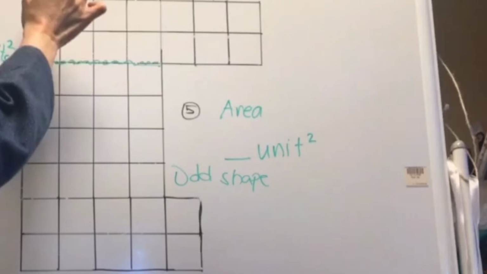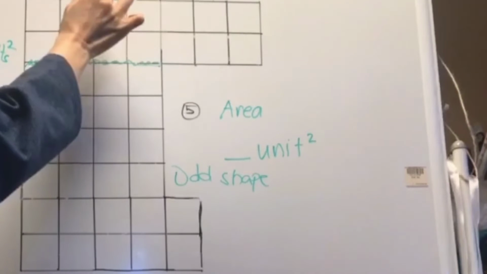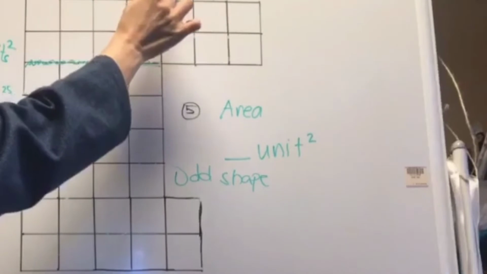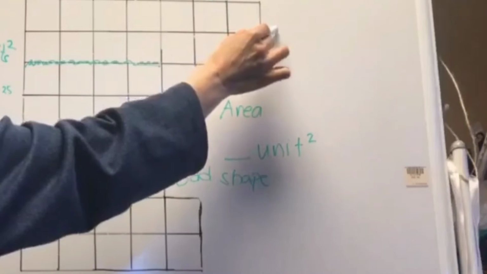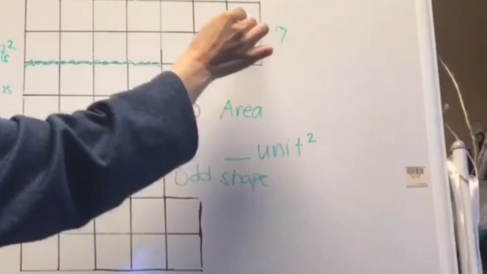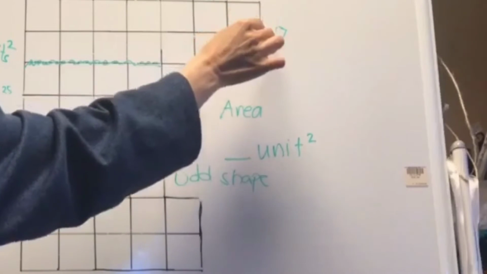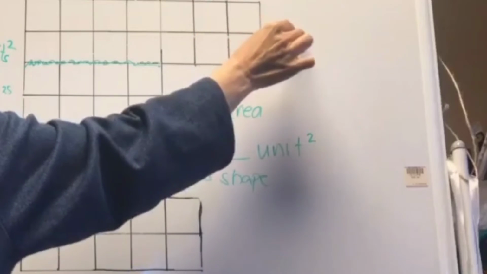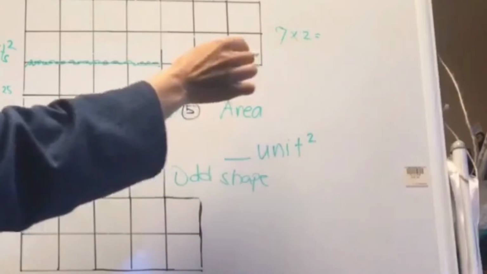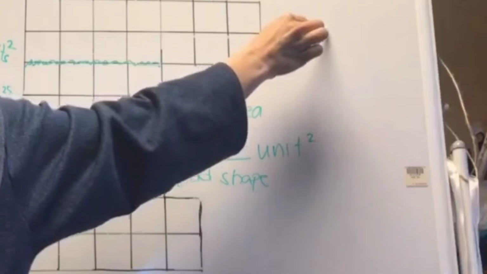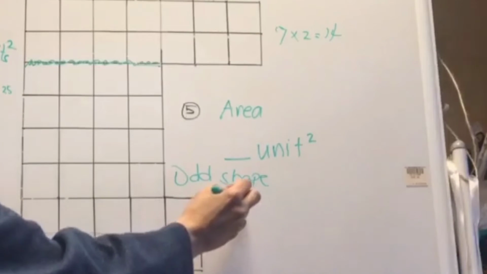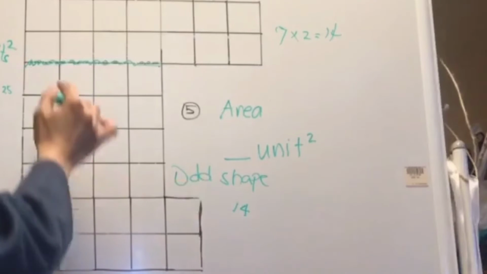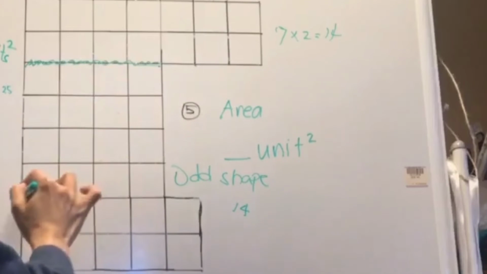So across we have 1, 2, 3, 4, 5, 6, 7. So we have 7, and going down 1, 2. We have 2. So 7 times 2 equals 14. So we got 14.